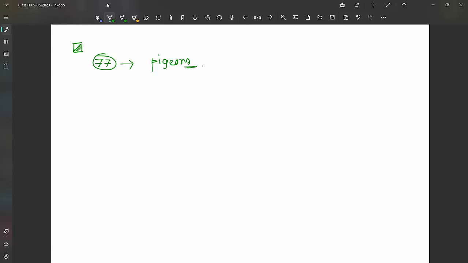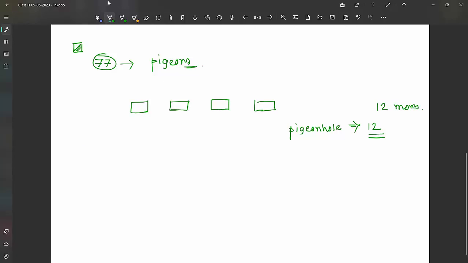And if we take the months as the pigeonholes for the birthdays, there are a total of 12 months. So the number of pigeonholes is 12. If we divide equally into each of these boxes, each of the months, in the minimal case we will take the 77 by 12 box function.